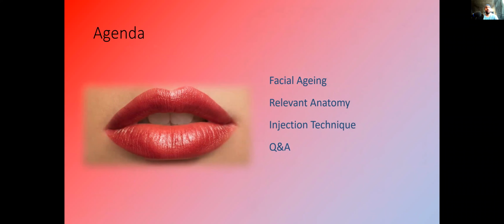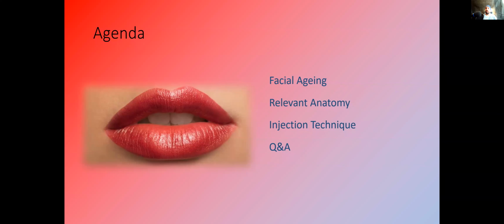Right, so as always, the agenda is pretty much the same. We're going to talk about the aging process, and this time it's going to be focusing around the peri-oral region, or the lips, and we'll talk about the anatomy. In fact, there's going to be a lot to do with anatomy today when it comes to injecting the lips, and probably less so when it comes to injection technique, purely because there are so many techniques out there, and I'd spend here all day trying to go through every single technique.